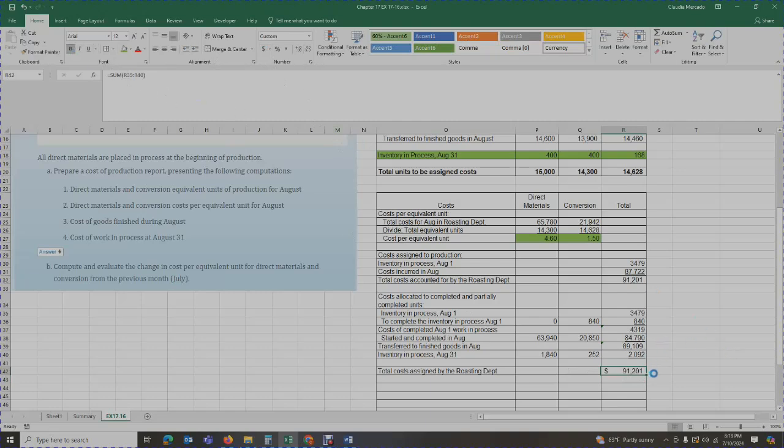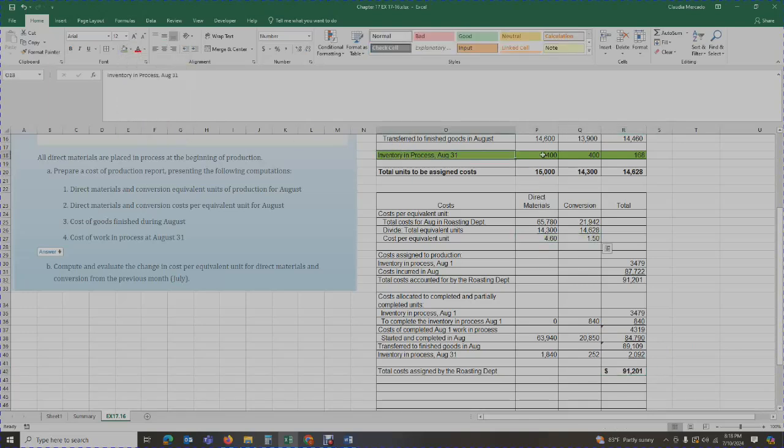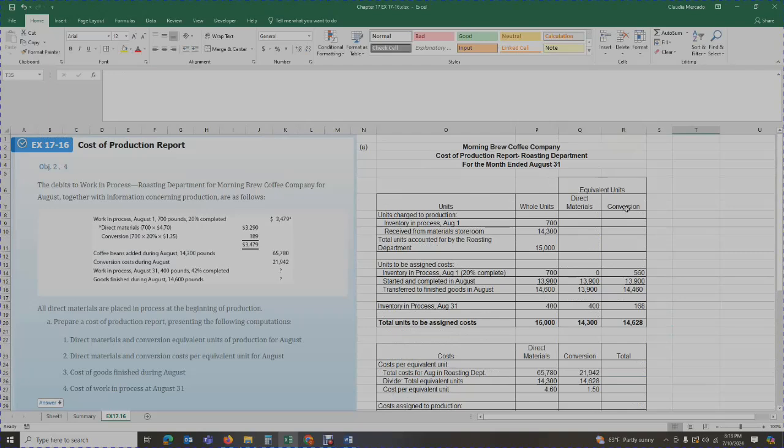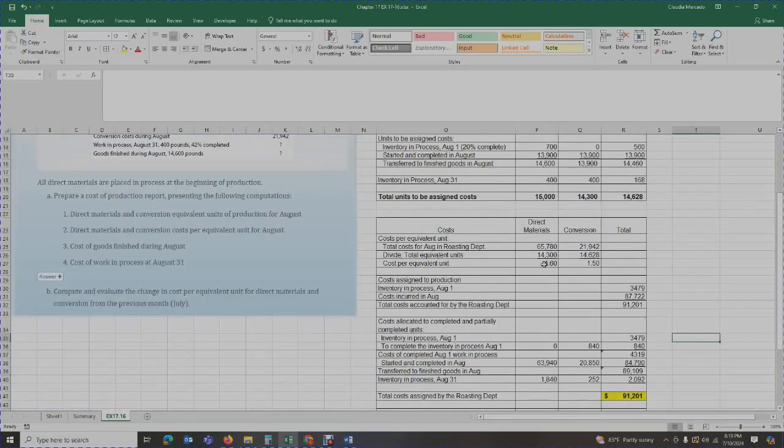Okay, and let me unhighlight this. That was just for reference as we're looking at the data. Okay, so this is the total cost to be assigned to the roasting department for the month of August, $91,201. Okay, so that is requirement 1. You need to calculate the equivalent units on top, because this is what's going to drive your calculations on the bottom.